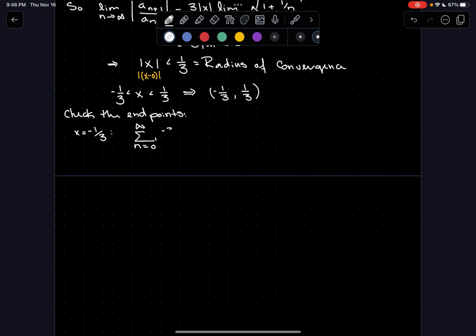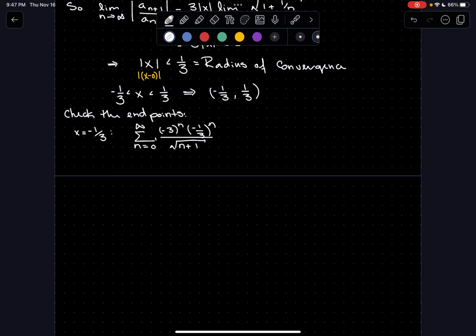So we get negative 3 to the n, negative 1/3 to the n over square root of n plus 1. Well, I can combine these, right? They have the same exponents, right?